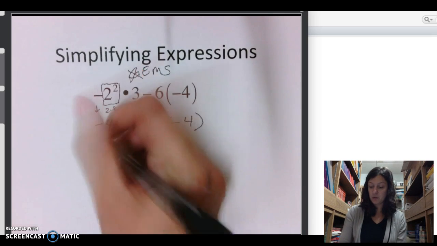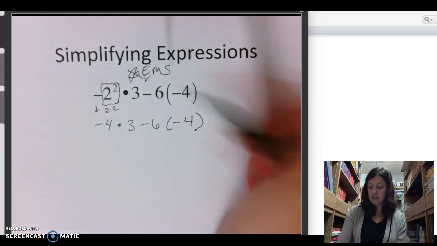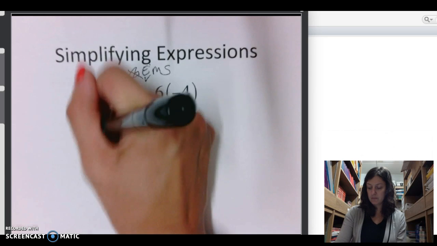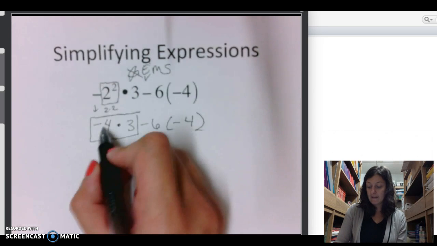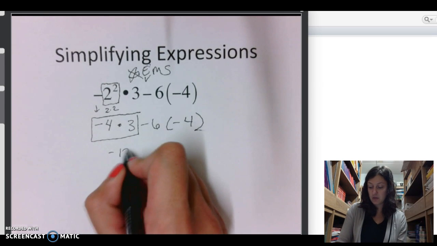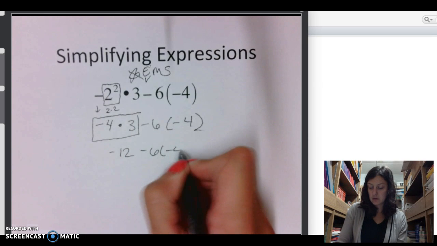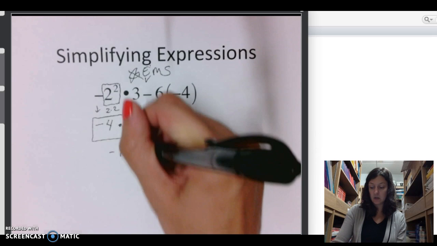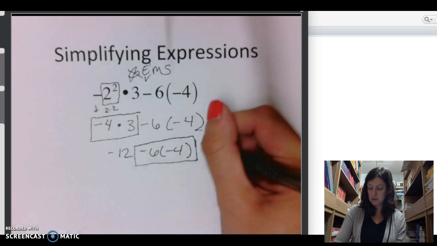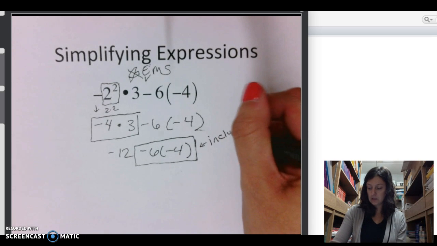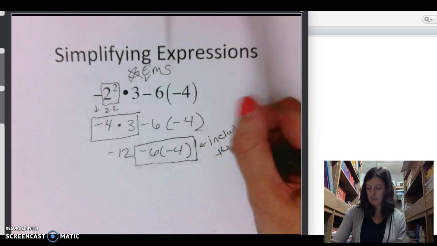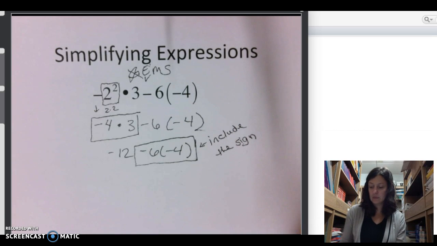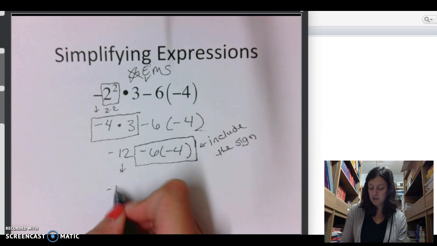Put my check. Multiplication, division. Yep, got some. Negative 4 times 3 is negative 12. Still have some multiplication. Include the sign. Include the sign. This is now negative 12.